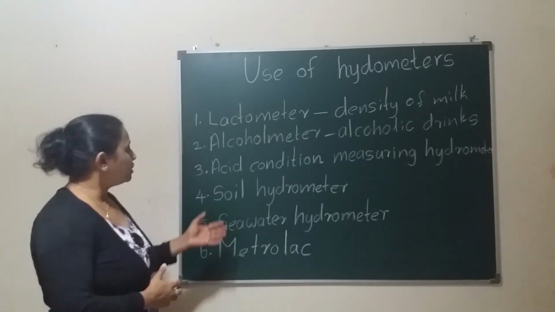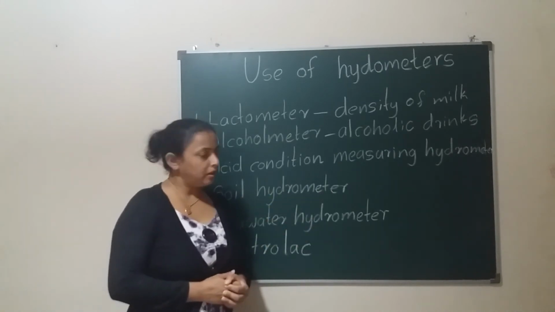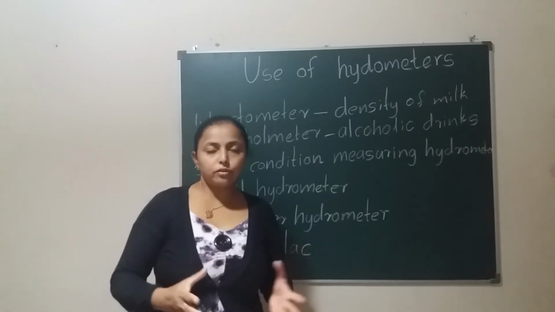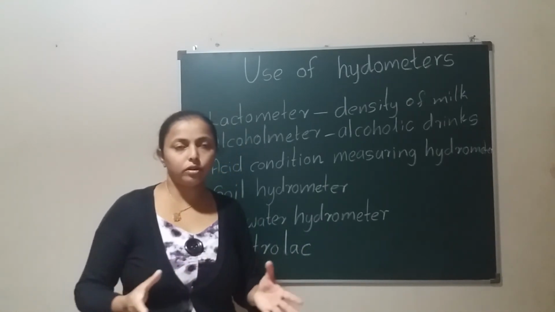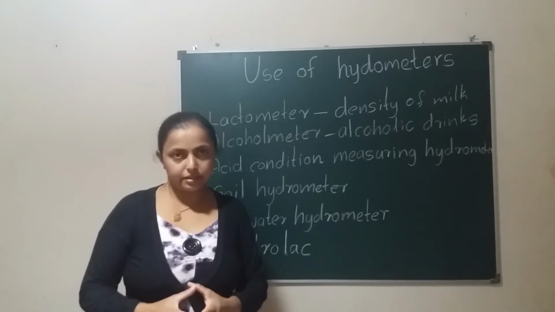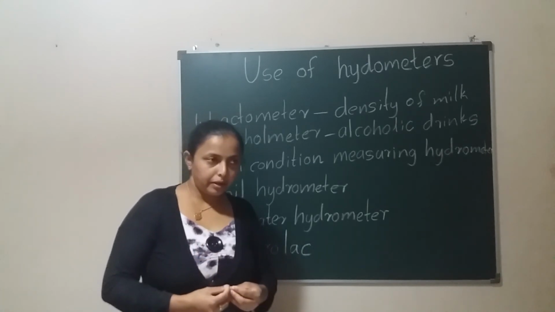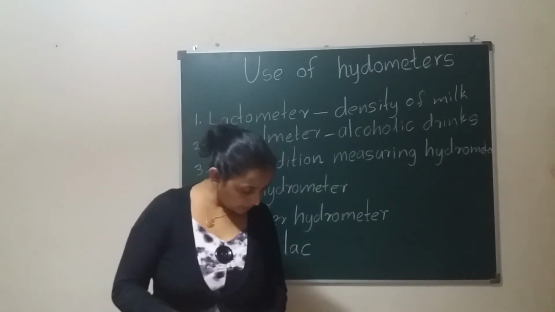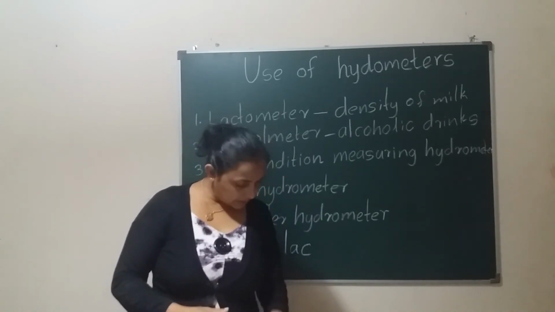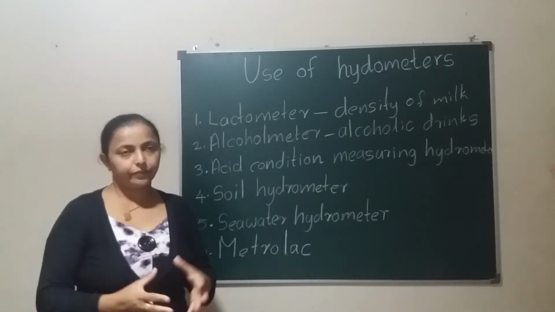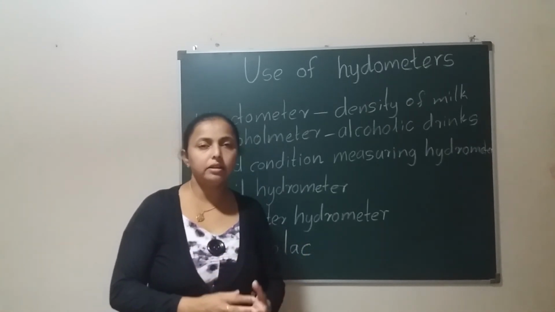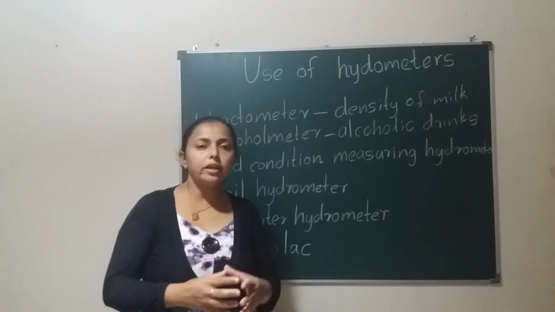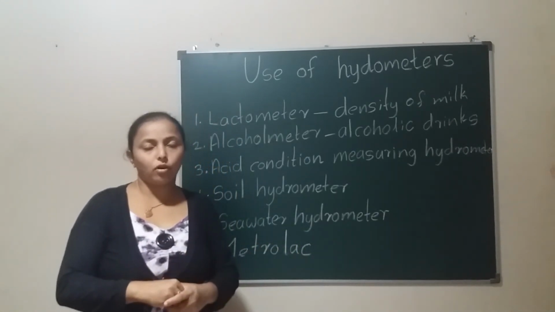Right. Then soil hydrometer. In soil, the density also changes. We take a constant mass of soil and a constant volume of water, and the soil is dissolved in the water.